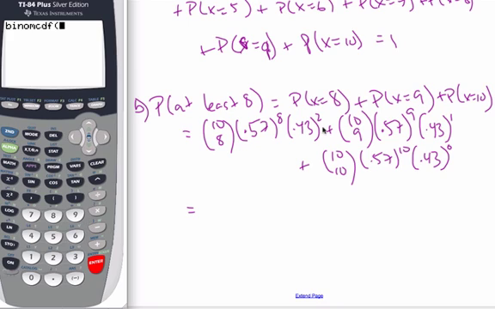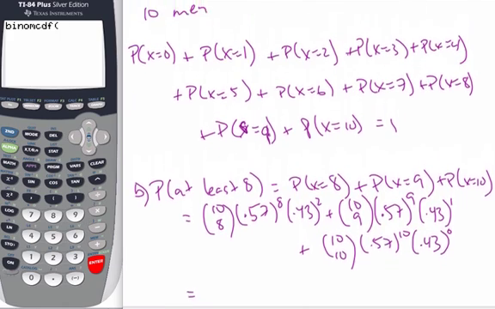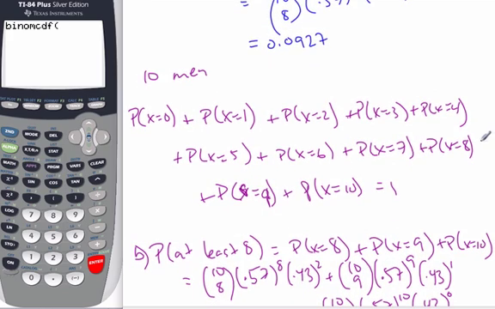And the way the CDF works, I'm going to guess your calculator has something like this, is it adds values up starting from 0. It adds this one plus this one plus this one, all these ones up to where you say to stop. So I'm going to add, I know I want this.